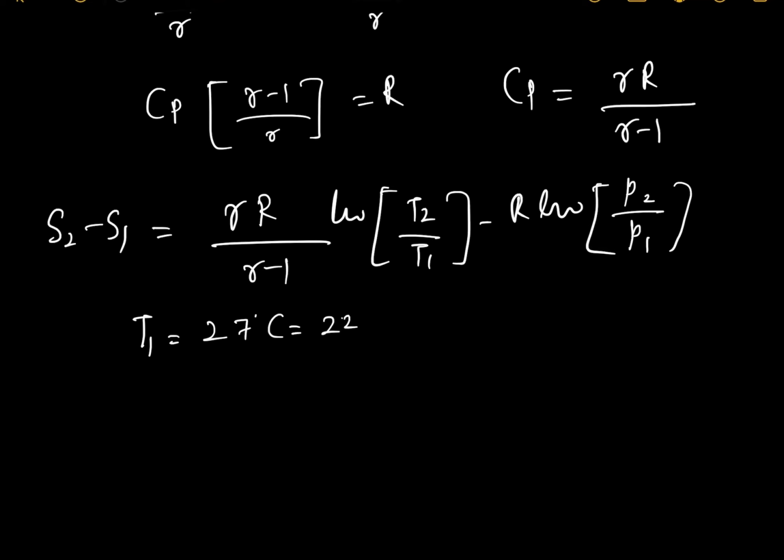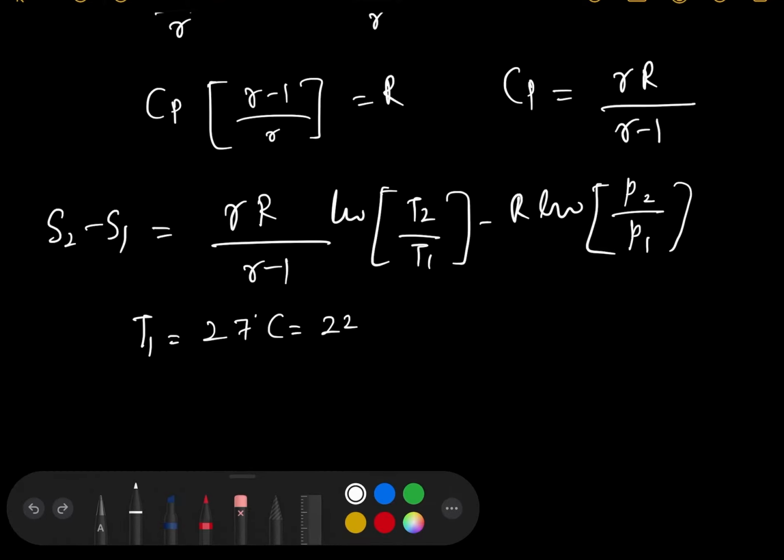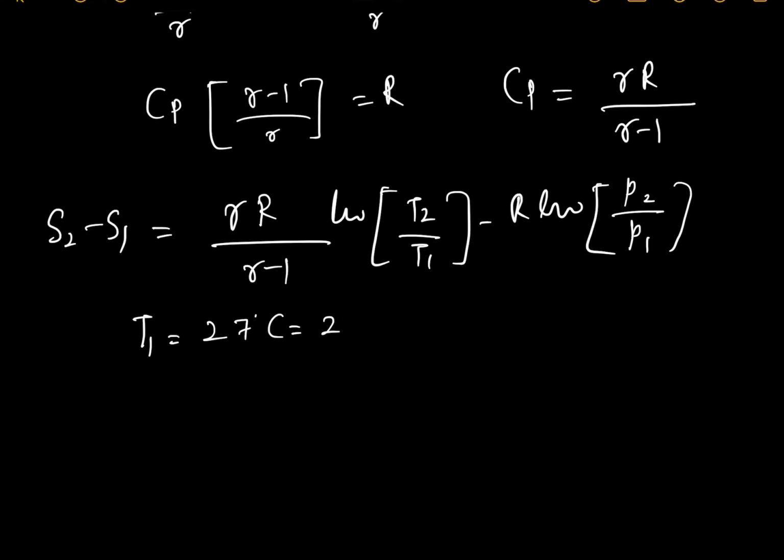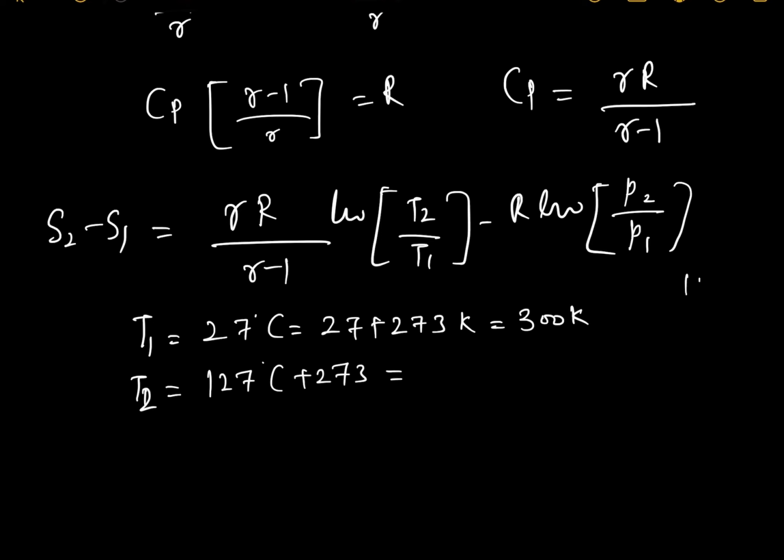T1 will be 27 plus 273, T2 will be 127 plus 273. It will be 400 Kelvin.